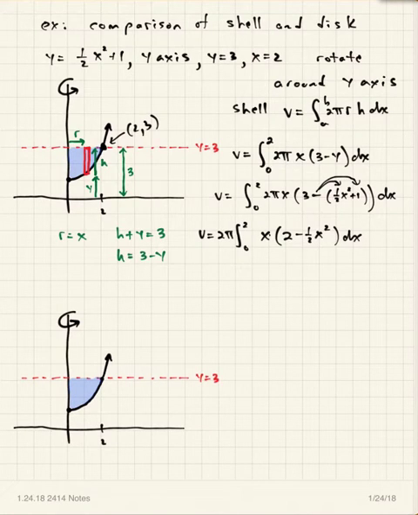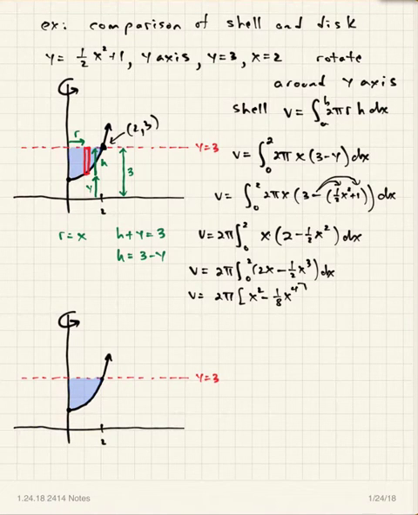And so finally the volume is going to be 2 pi times the integral from 0 to 2 of 2x minus 1/2 x cubed. Not bad. And so that would be 2 pi times x squared minus 1/8 x to the 4th, from 0 to 2.